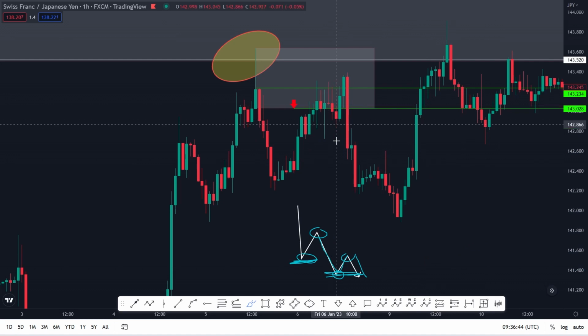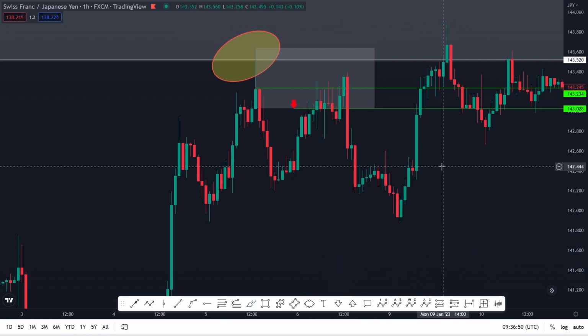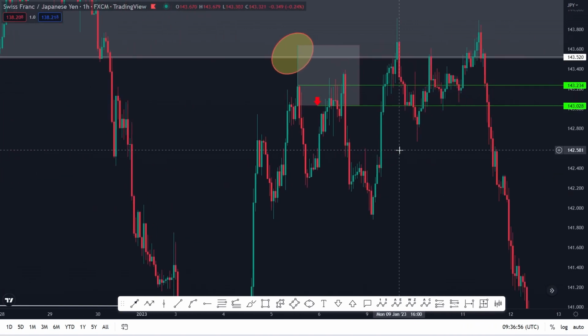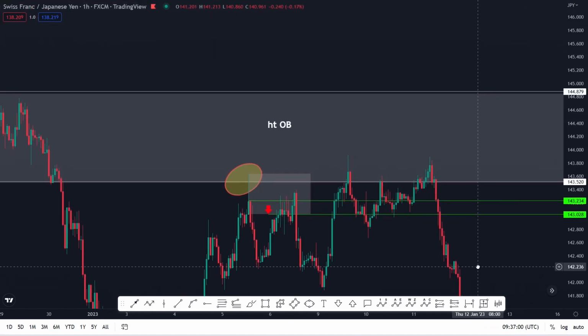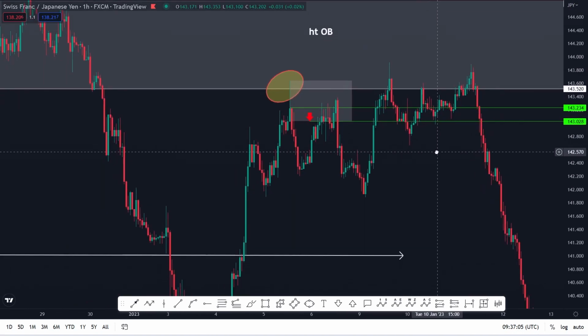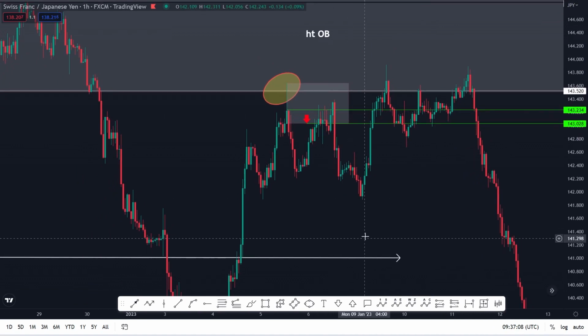So in this kind of situation, that means I'll be stopped out on break even, but catching small pips here. It's not a lot, but as long as the market didn't invalidate this higher time frame OB, that means I'm still looking to go short. So the first trade here, let's say, stopped out on break even.